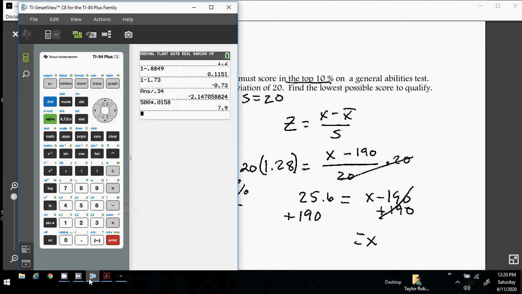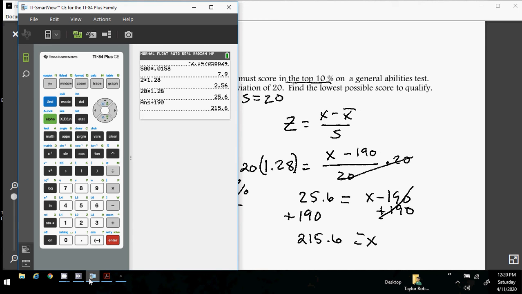So just to show you, we did 20 times 1.28, and we got 25.6. I'll get it together one of these days. We're going to add 190 to that, and we're going to get 215.6.